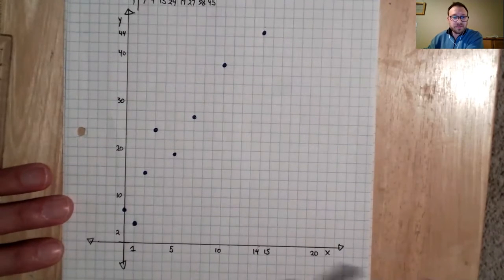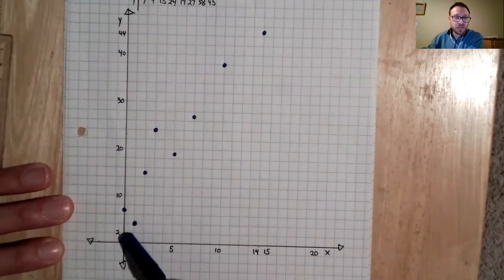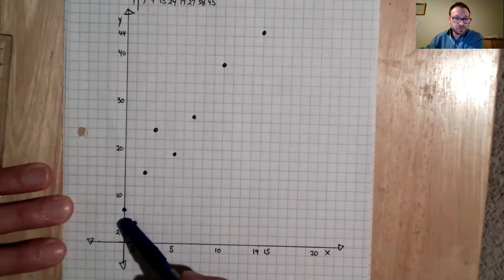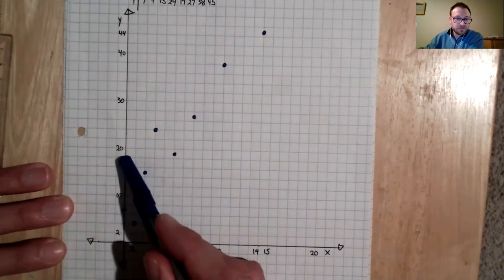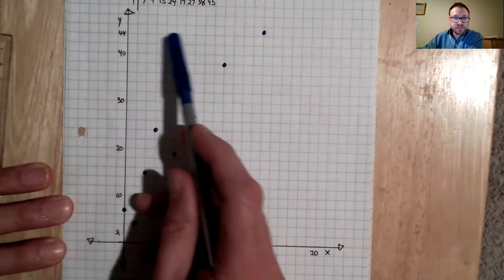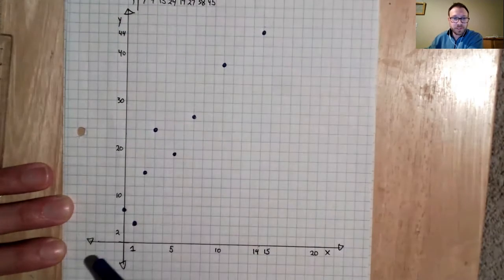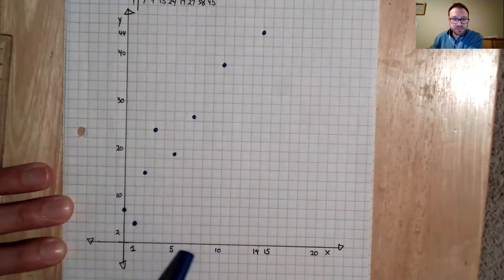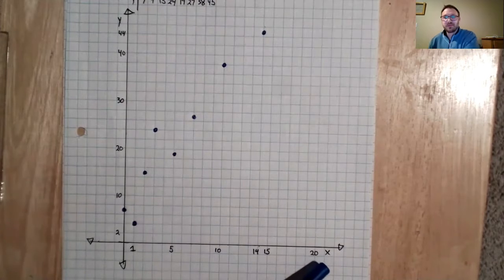I went by twos on the y-axis: 2, 4, 6, 8, 10, and then up to 20, 30, 40, and 45 being my highest number. And then I just went by ones down here along the x-axis: 1, 5, 10, 15, 14 being the highest number there. I even went all the way up to 20 because I had the room.